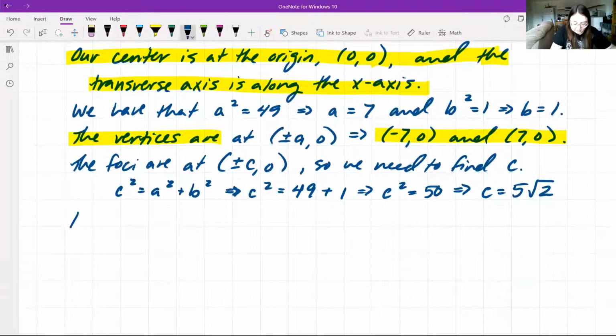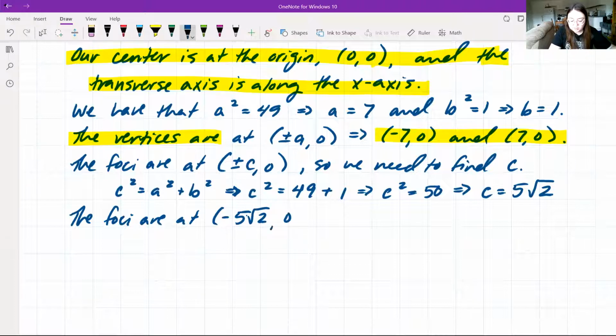So we found our c, which means that the foci are going to be at negative 5 square root 2, comma, 0, and positive 5 square root 2, comma, 0.